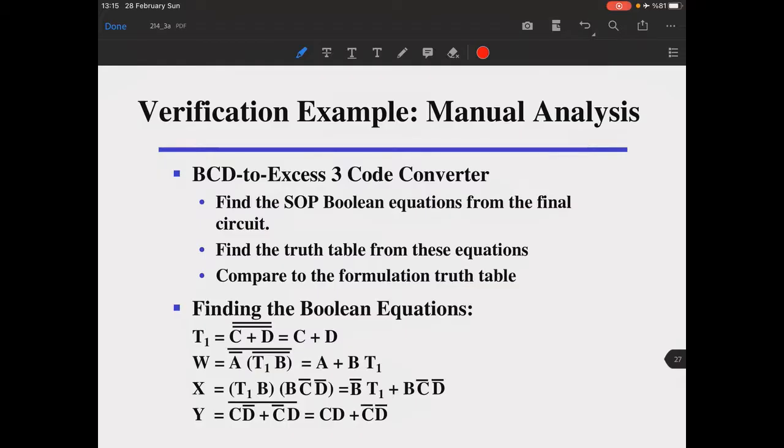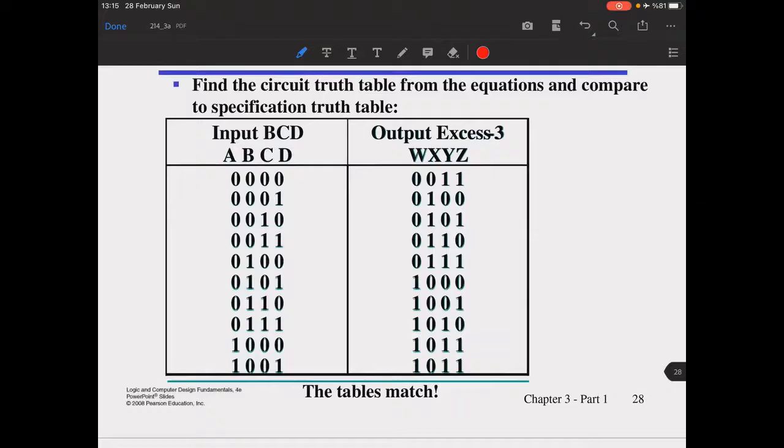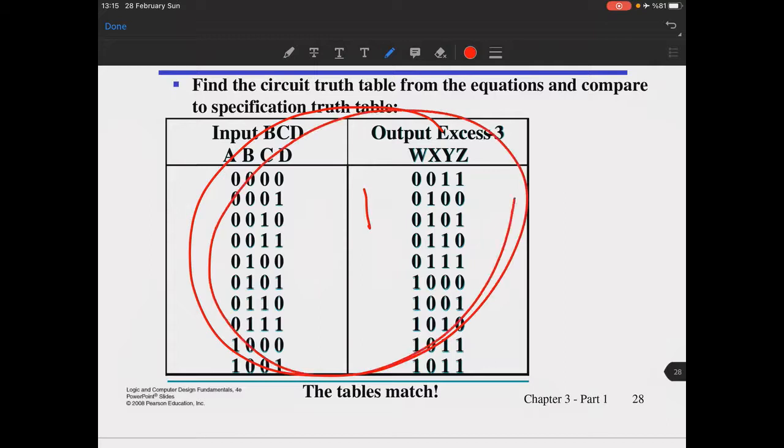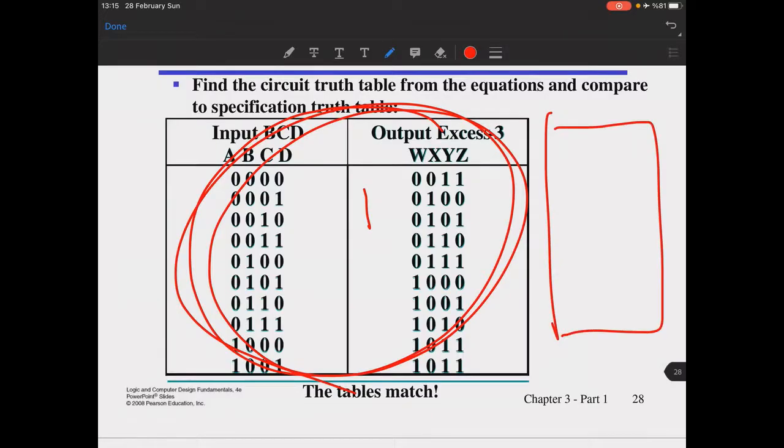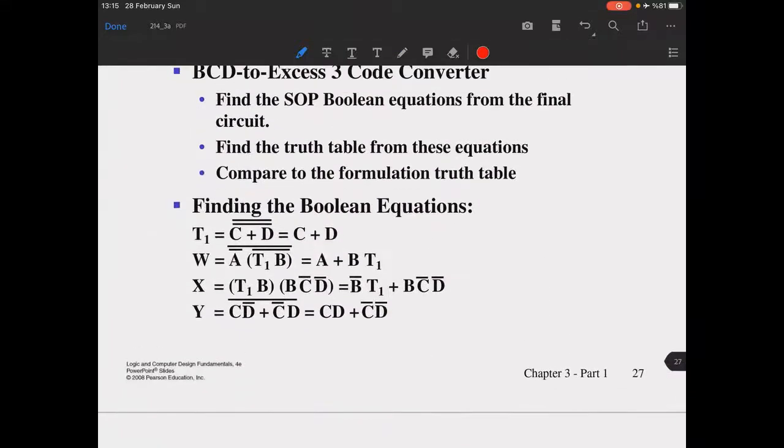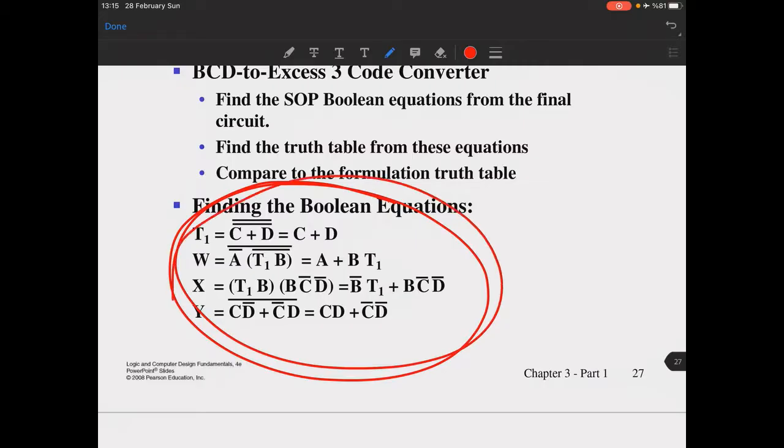For example, for our BCD to XS3 code converter that we discussed a few moments before, we go ahead and find the Boolean equations here, and we have the truth table from the equations, like this one. It has been given to us in the specification, and you have another truth table for those Boolean equations too.